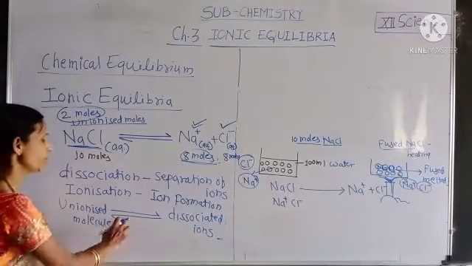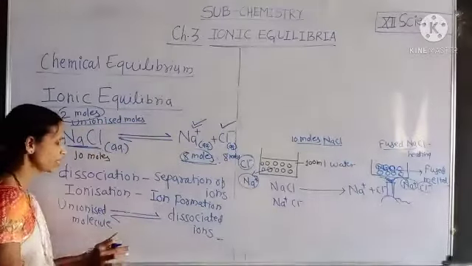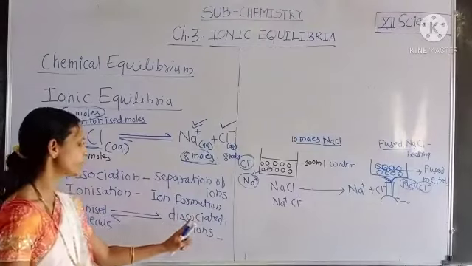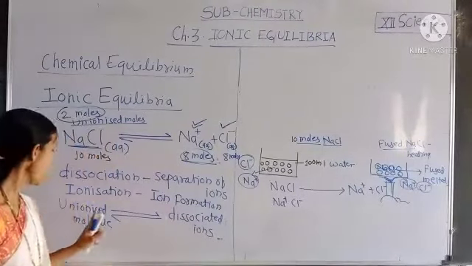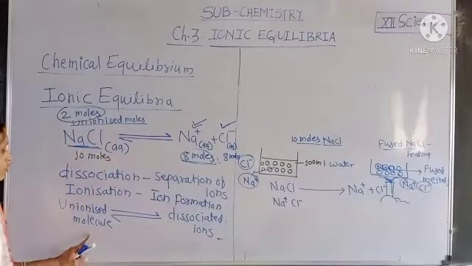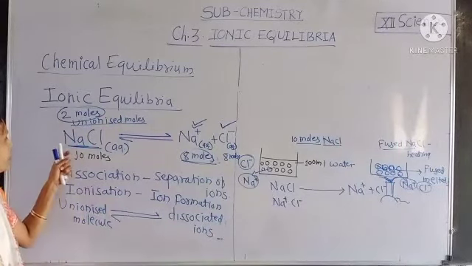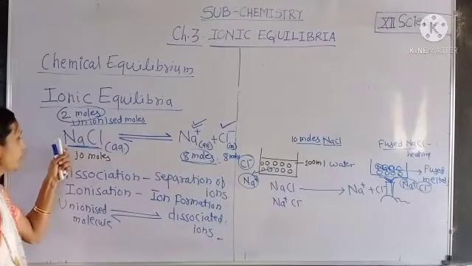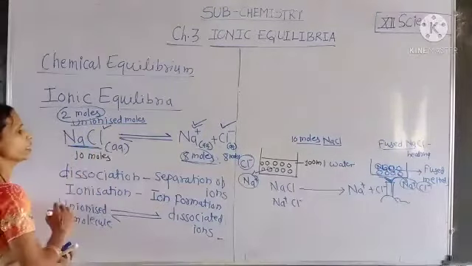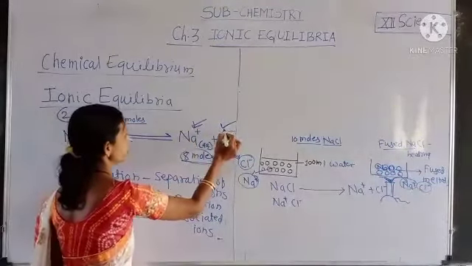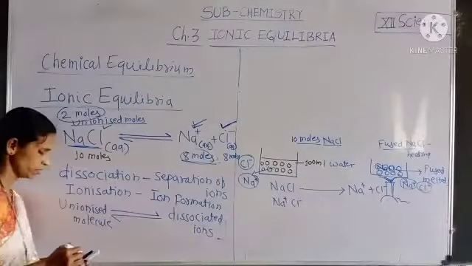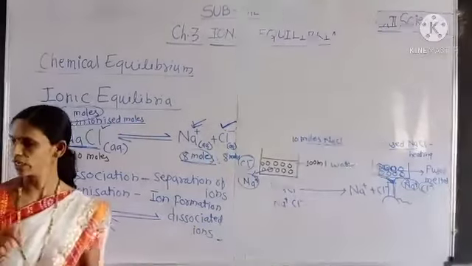That means when a chemical equilibrium is attained between dissociated ions and unionized molecules of a substance, we say that ionic equilibrium is present between the NaCl molecule and Na plus and Cl minus ions. That is about ionic equilibrium.